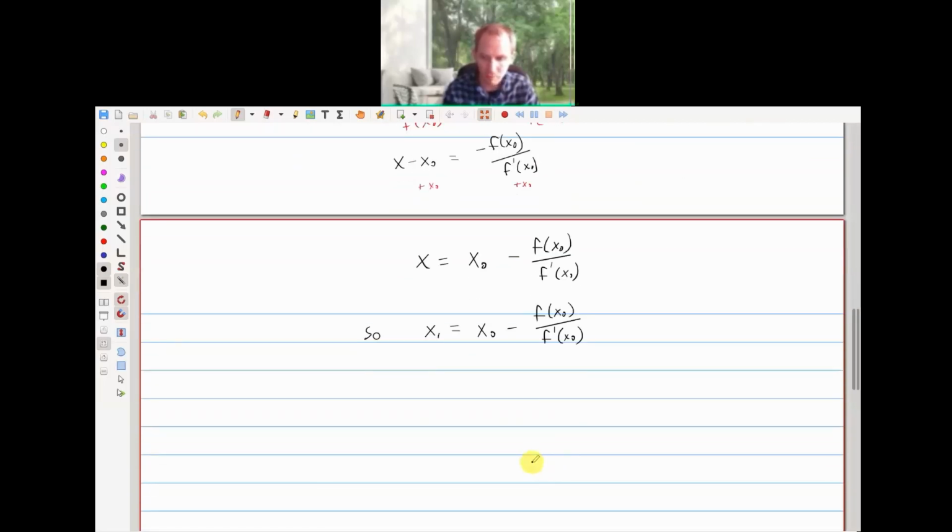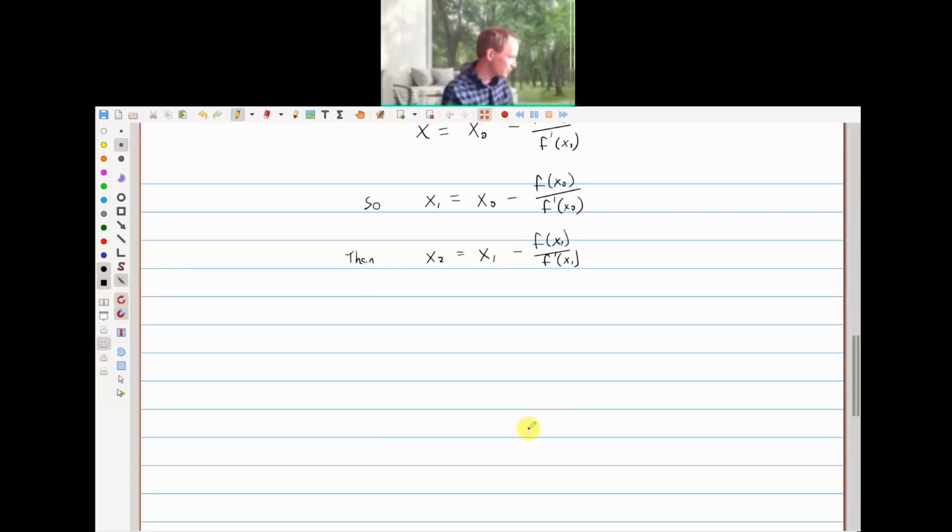Then if I want to find my second approximation, x2, I'll just repeat this process, except instead of using x0, I'll be using x1. So my second approximation, x2, is going to be x1 minus f of x1 over f prime of x1.